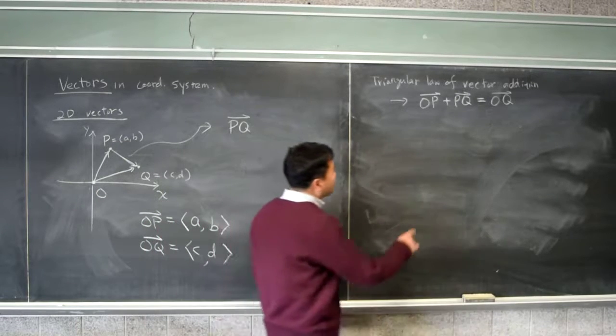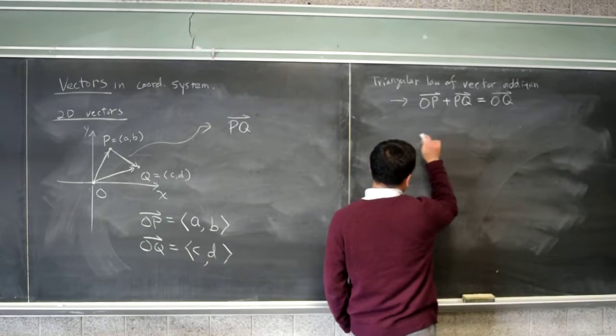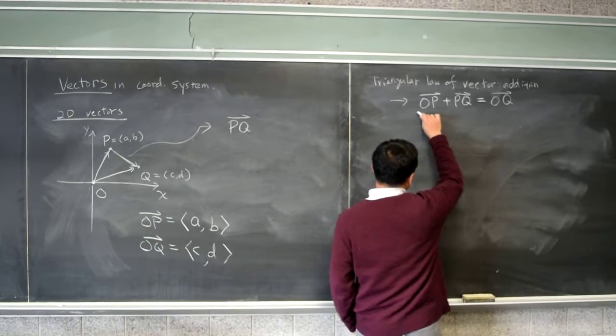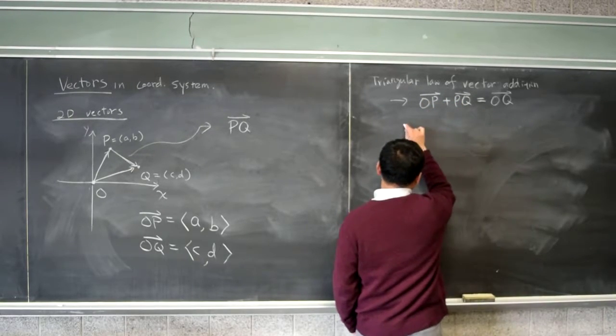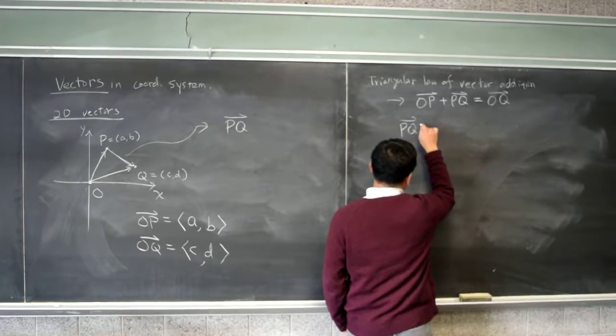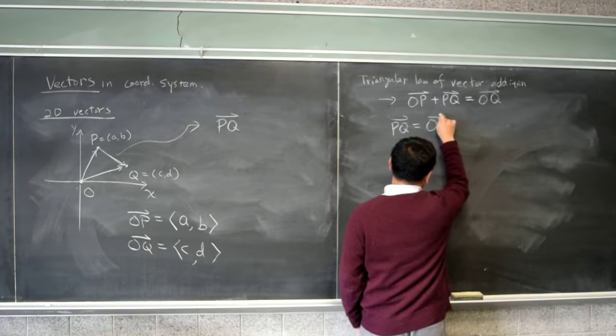And this equation will often be used in the following form. I'm going to subtract OP from both sides and write PQ = OQ minus OP.